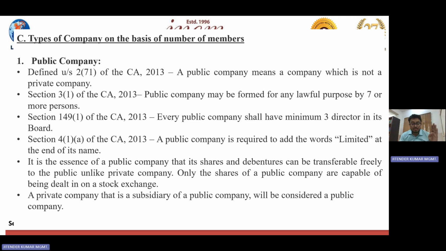That is a very important point. The maximum number in a private company is 50, and in a public company there is no limit. That is very important. For directors, the minimum is 2 directors in a private company and 3 directors in a public company. That is a very important point.